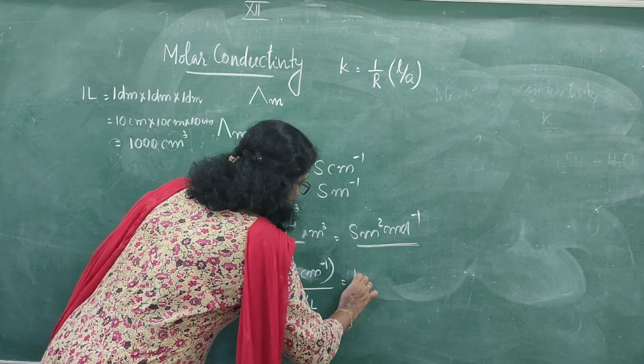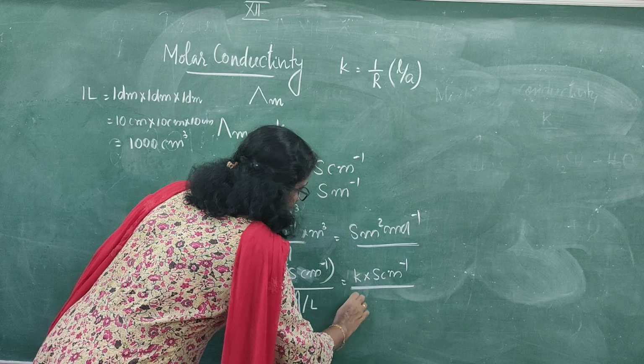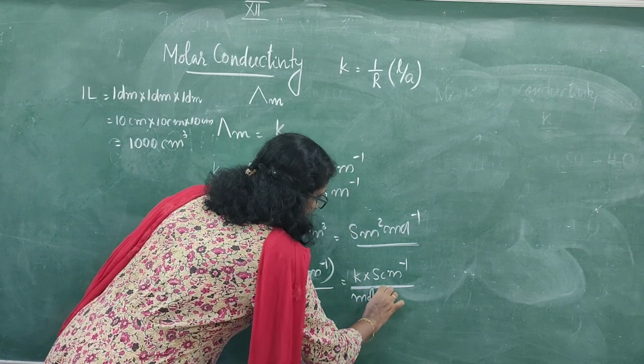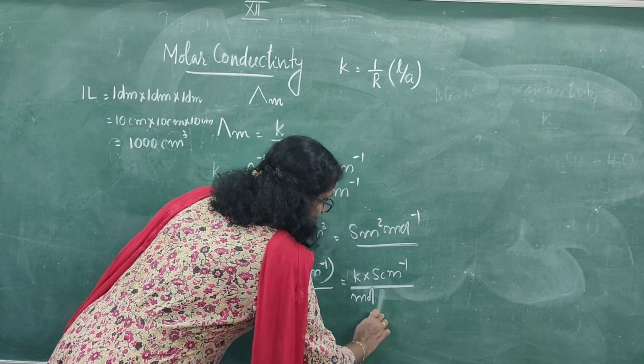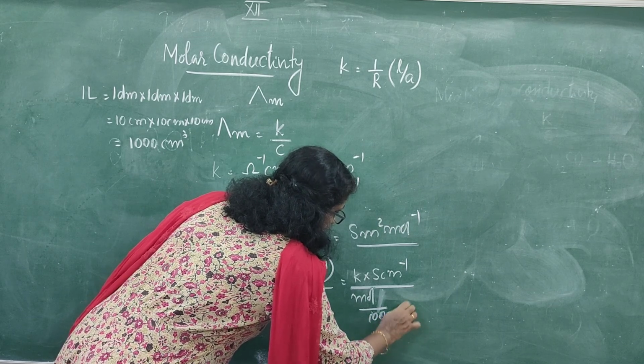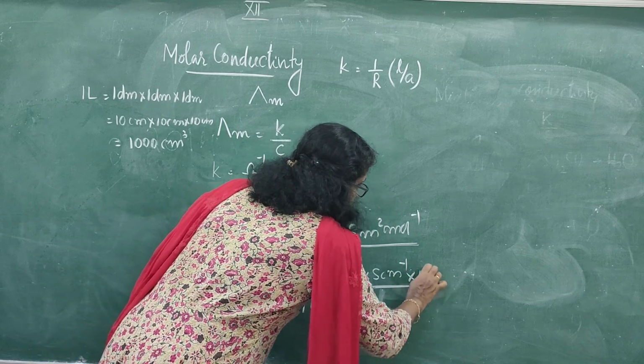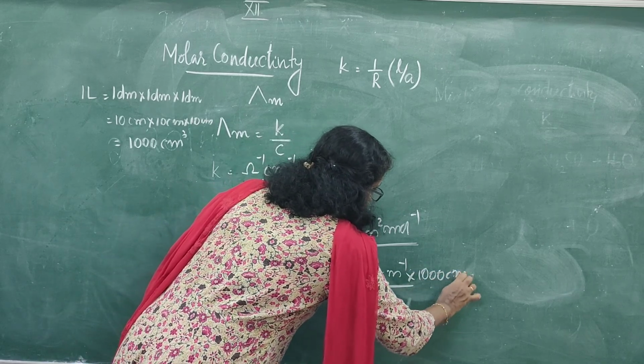So it is K in Siemens centimeter inverse divided by moles per 1000 centimeter cube, and this 1000 centimeter cube will go to the numerator, so it becomes 1000 centimeter cube.